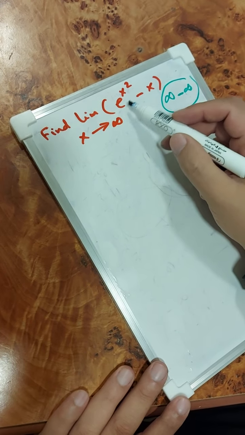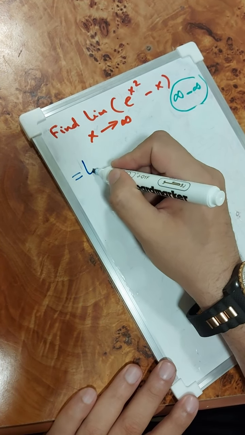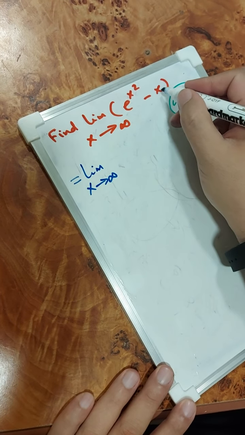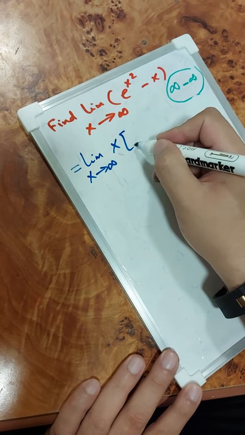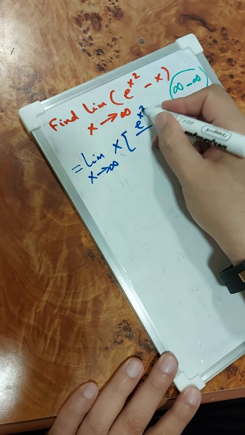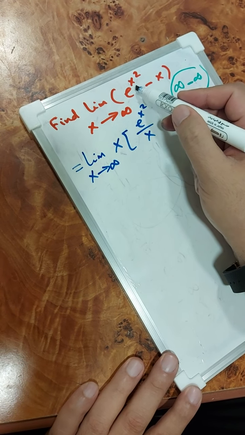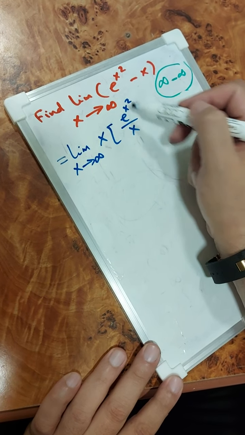The common factor here may be x. So this limit equals, as x approaches infinity, if we take x from here as a common factor, x multiply e power x square divided by x. Because if we take x from this term as a common factor, we can take x outside and divide by x.